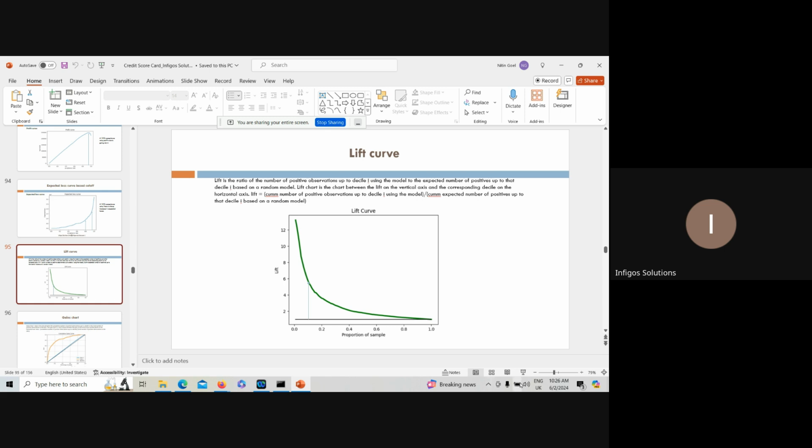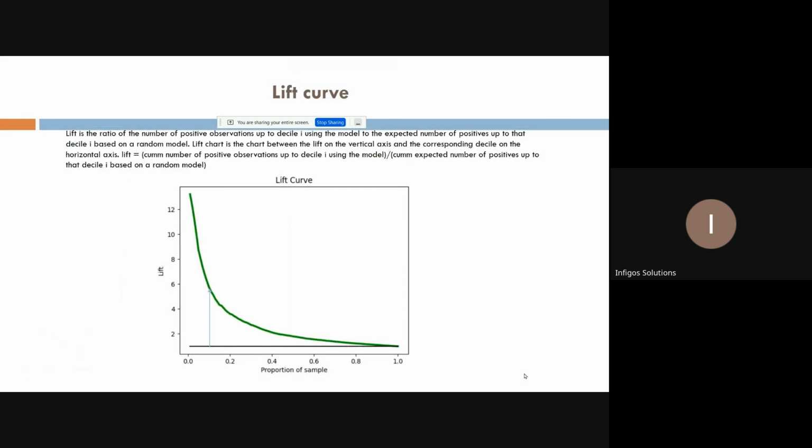In case you are confused, please read this part from here to here, and it will be clear. I will answer if you have a question. Is this clear?